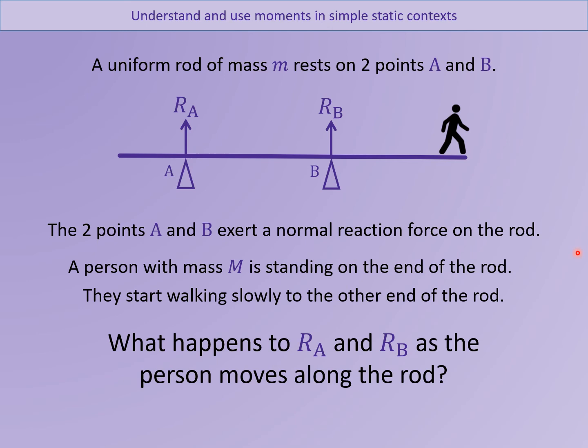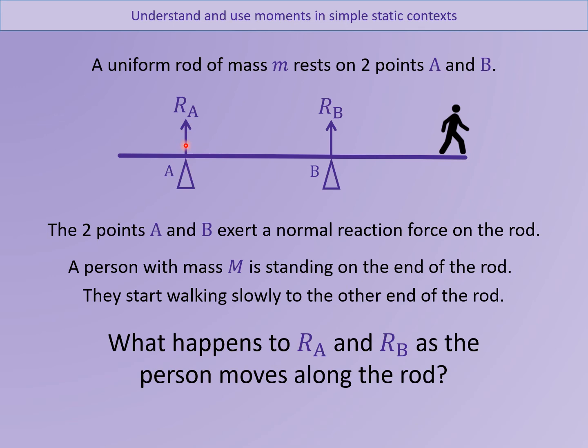Now we know, or hopefully you figured out, that as he walked past A, the pivot point A, the moment he walked past A and started to walk towards B, this normal reaction force here is starting to reduce. It needs to be quite strong to start with because the man is standing directly above it.